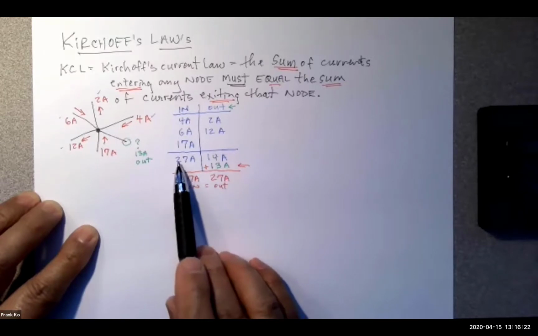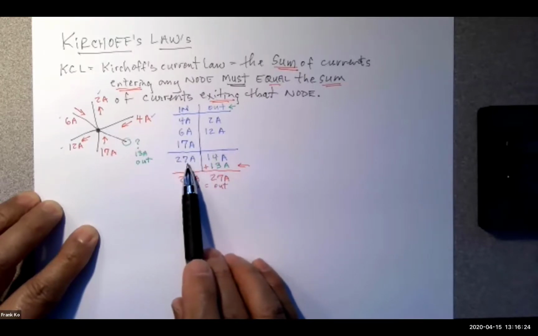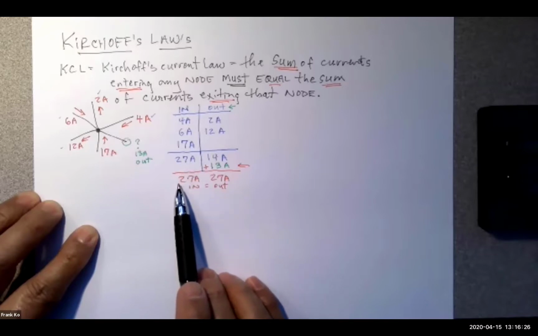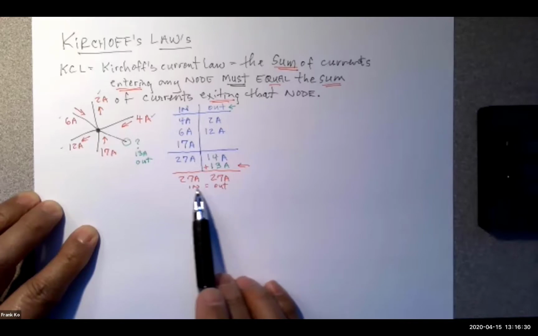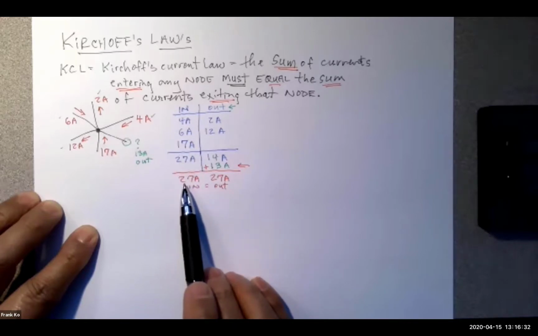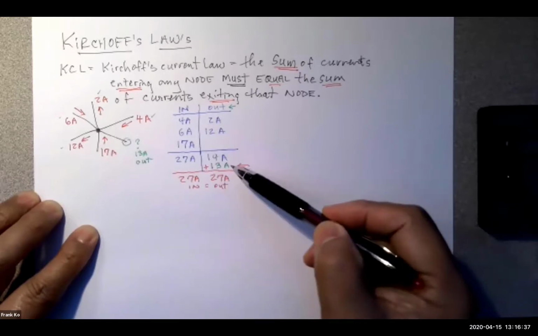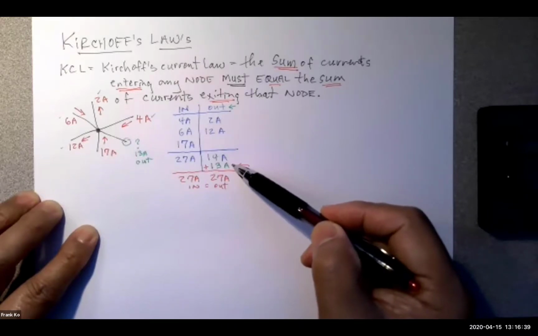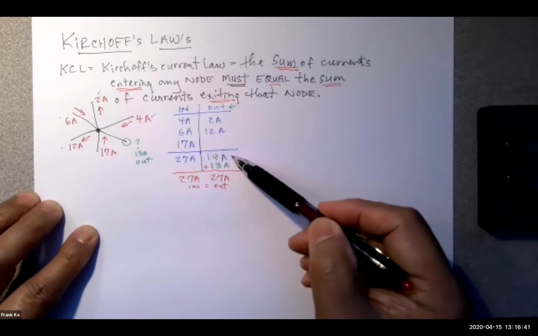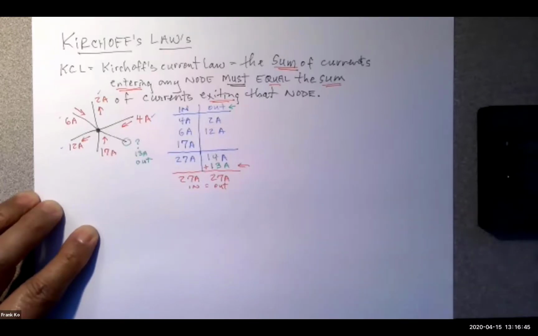Well, we determined that of these two values, 27 amps was the higher value. That must be the final total of what goes in is equal to what comes out. You confirm 27 amps on this side, but you don't have 27 amps on the outbound side. Something must be missing. How do we determine what's missing? 27 minus what you have noted so far, 14, gives you your 13.